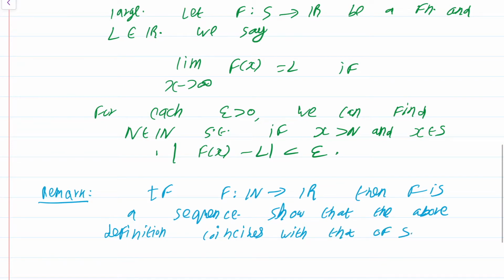So this definition is certainly an extension of what we have already seen for sequences, except now this set S could be a very arbitrary set, not just natural numbers.